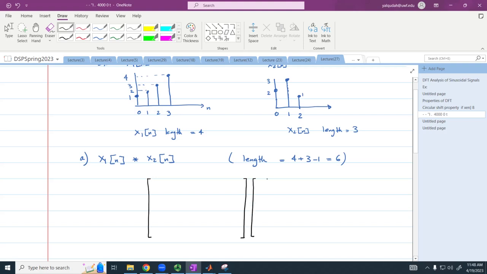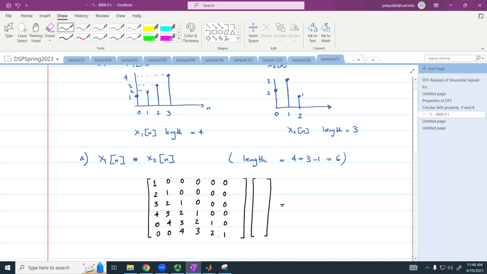Then we're going to generate a matrix of the first signal, which is 1, 2, 3, and 4, and then 0 and 0, padded with zeros. Then we shift this down: 0, 1, 2, 3, 4, 0. Then shift it again: 0, 0, 1, 2, 3, 4. Then 0, 0, 0, 1, 2, 3. Then 0, 0, 0, 0, 1, 2. Then 0, 0, 0, 0, 0, 1.